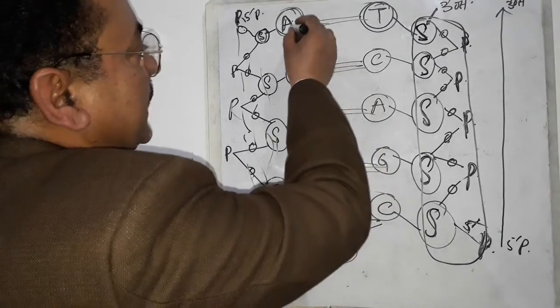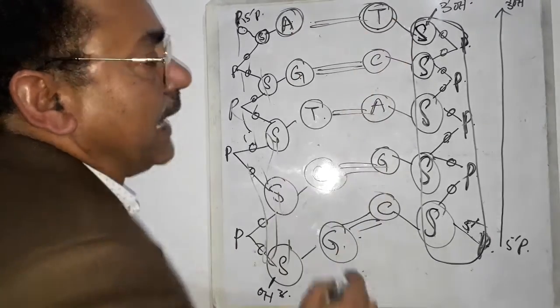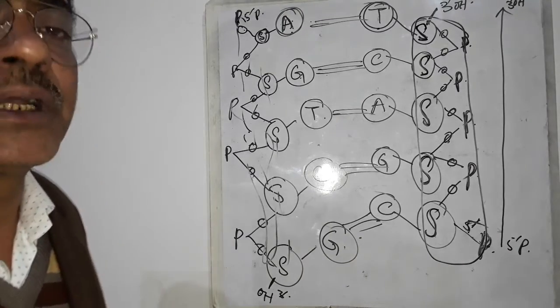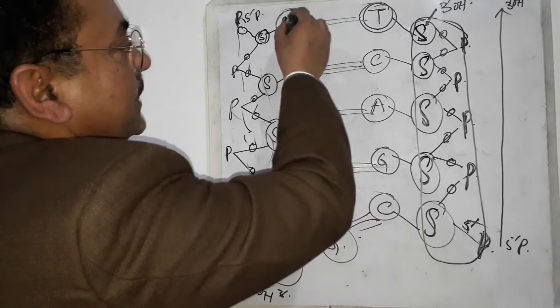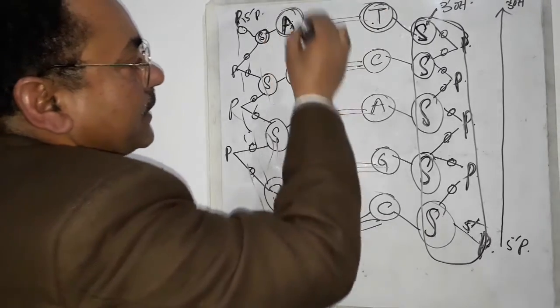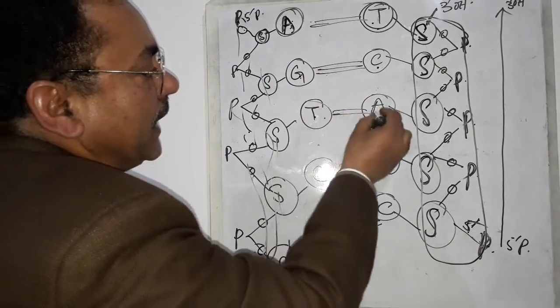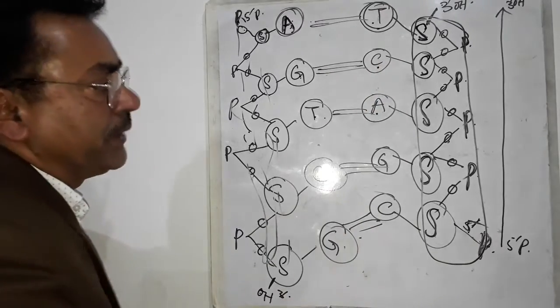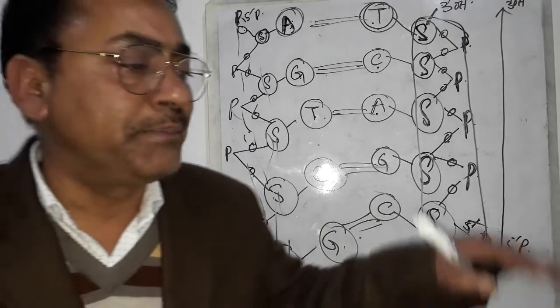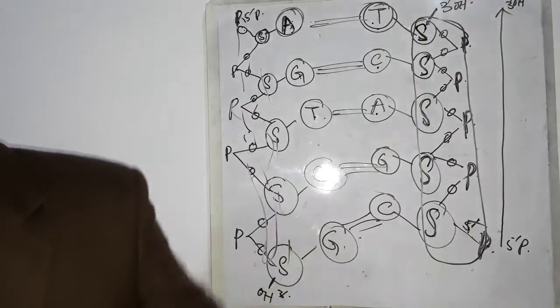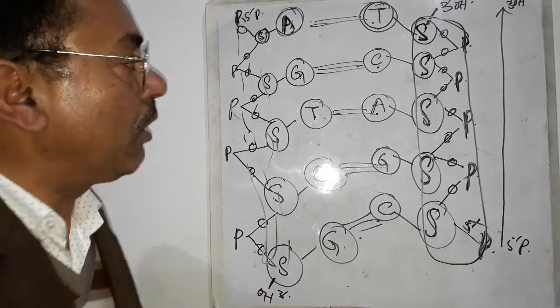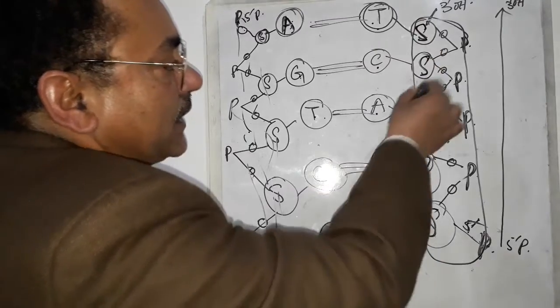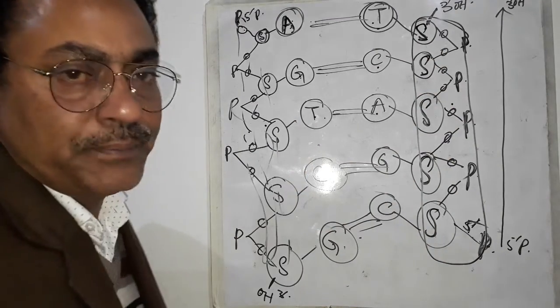And these bases are set at right angles to the sugar phosphate backbone. They are set at 90 degrees. This AT pair, GC pair, TA pair, all these base pairs are stacked parallel, one above the other, and are set at right angles to the sugar phosphate backbone.